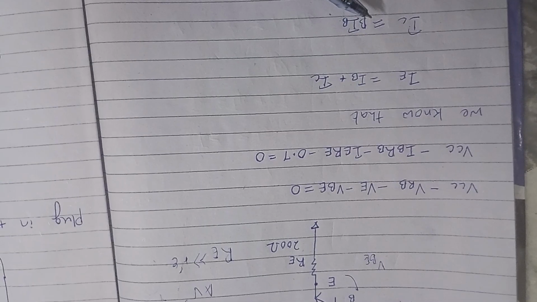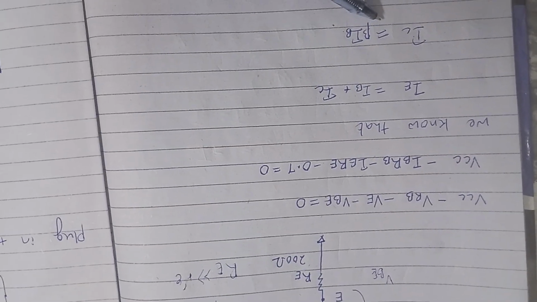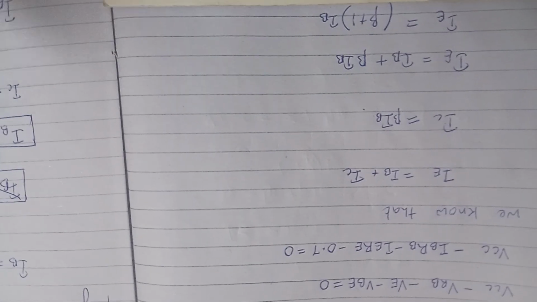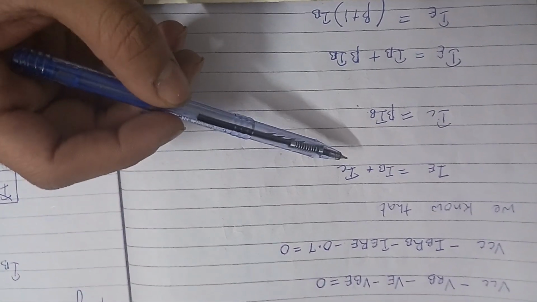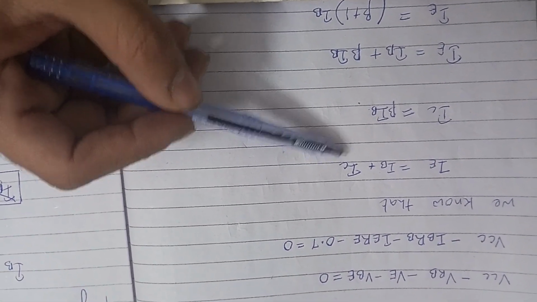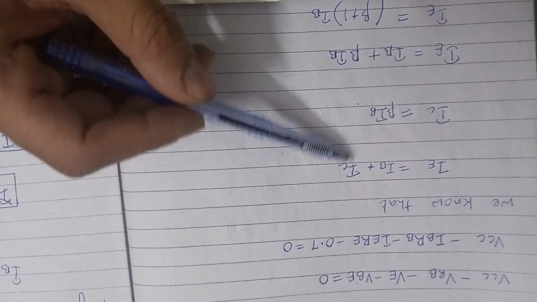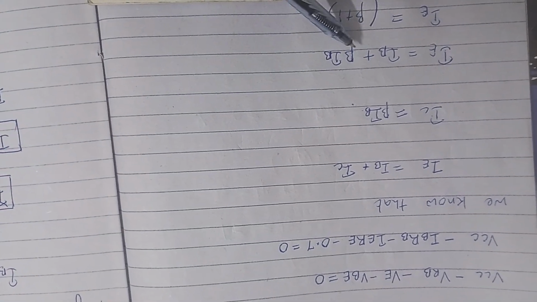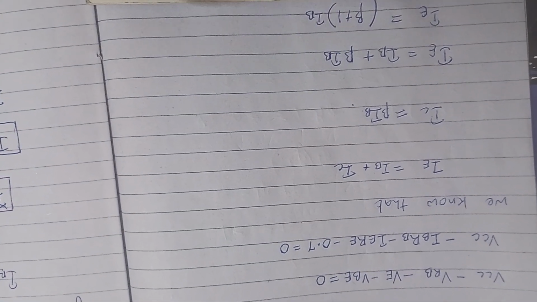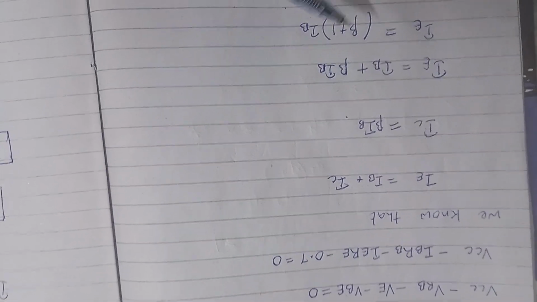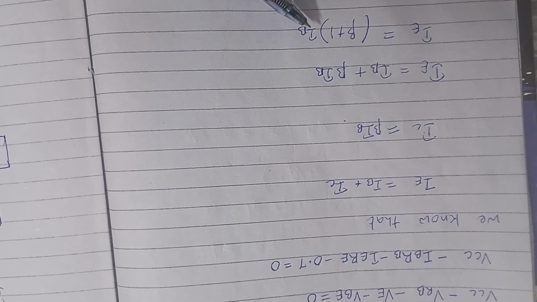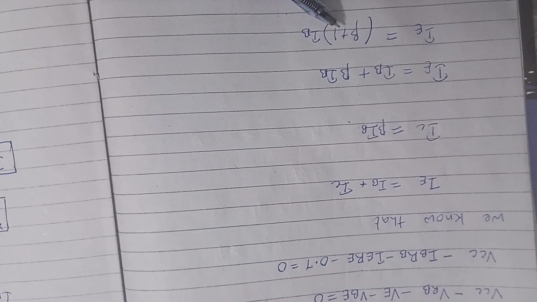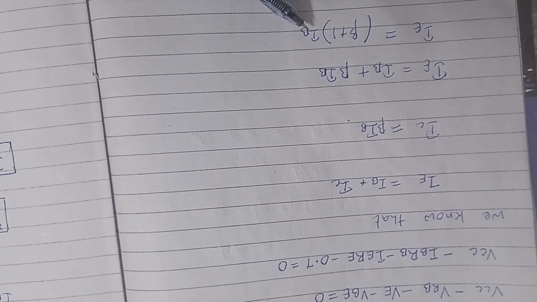So the collector current is beta times IB. We put this collector current value, beta times IB, into the equation and get IB plus beta IB. Now we factor IB from this expression and get beta plus 1 times IB.